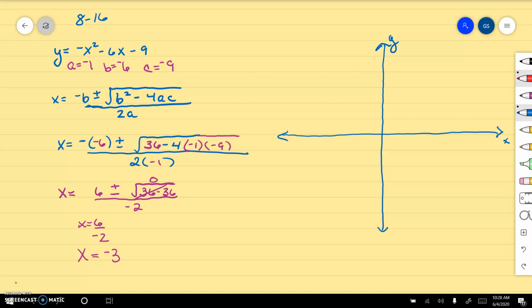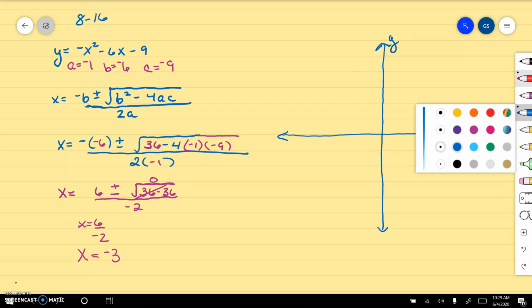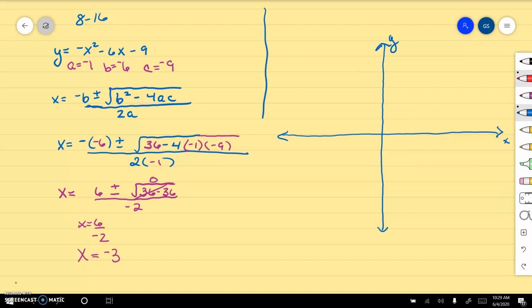All right, so we need a table. So I'm going to give you the table. I put this equation into my calculator, y equals, and then I put negative x squared minus 6x minus 9. I hit second graph, and then I get this table, x, y.